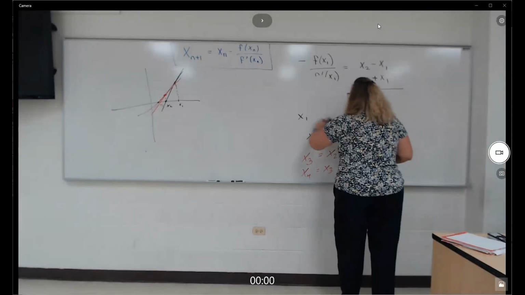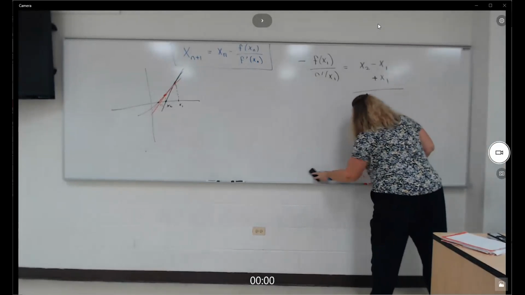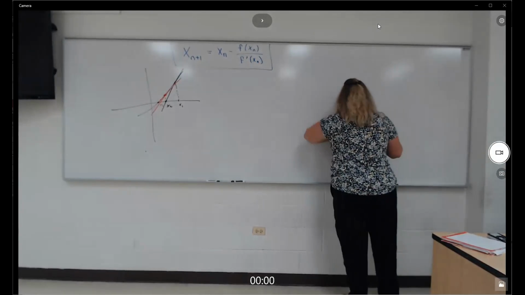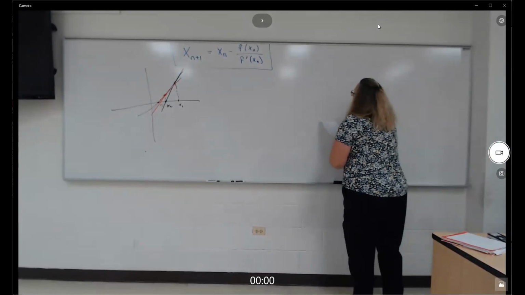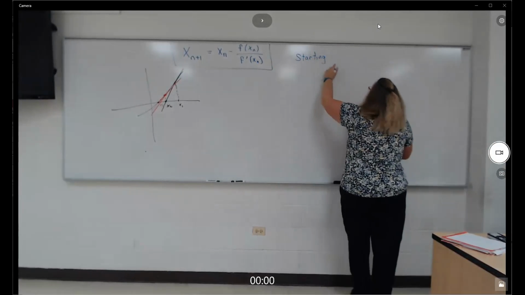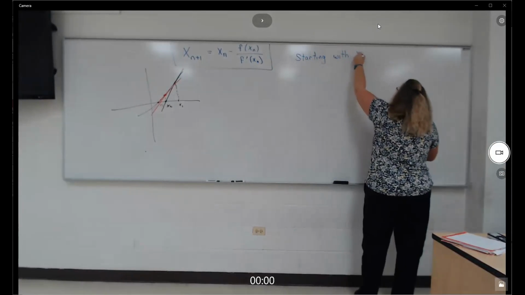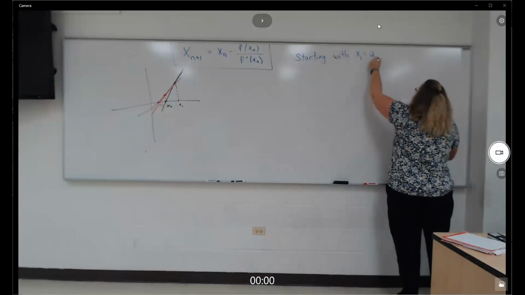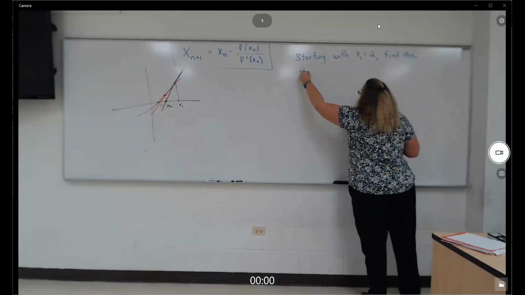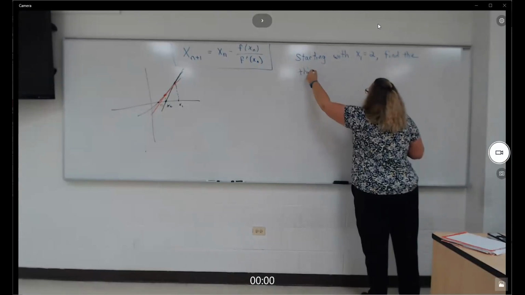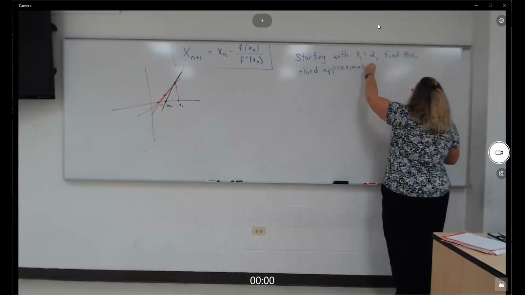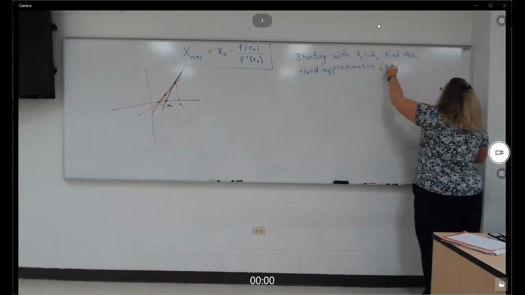All right, let's try one. These are the directions: starting with x sub 1 equals 2, find the third approximation, which is x sub 3.